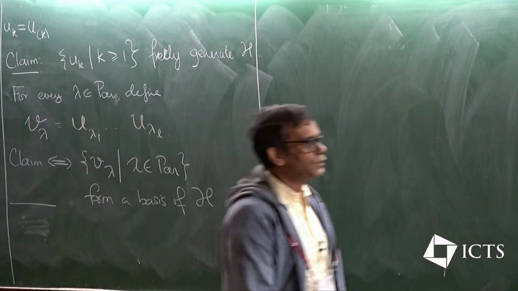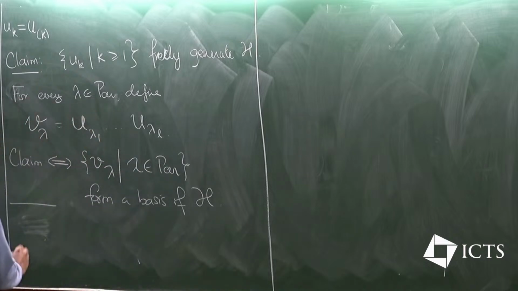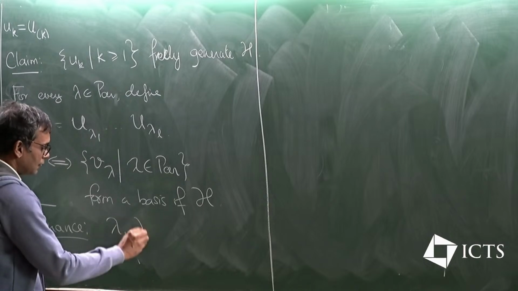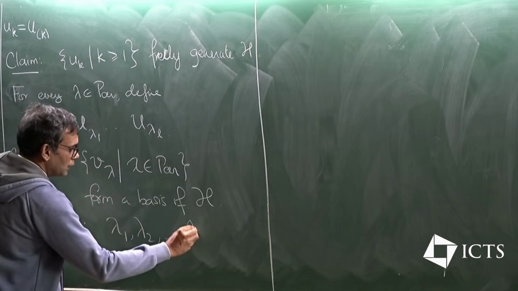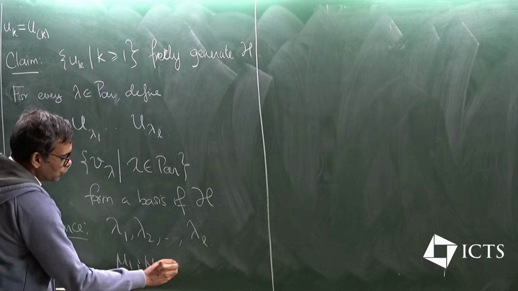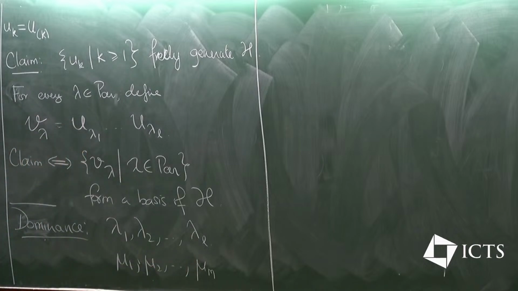So I need to introduce a partial order. This is called the dominance partial order, which the term dominance probably comes from Lie theory more. If you have two integer partitions, lambda 1, lambda 2, lambda L, and mu 1, mu 2, mu m, I require them to be partitions of the same integer.